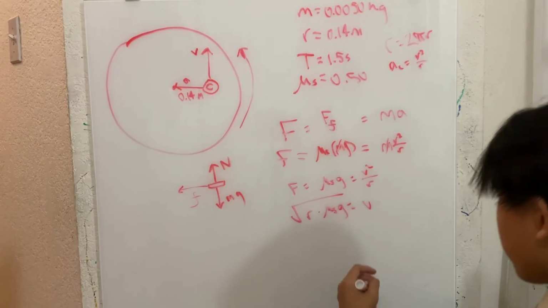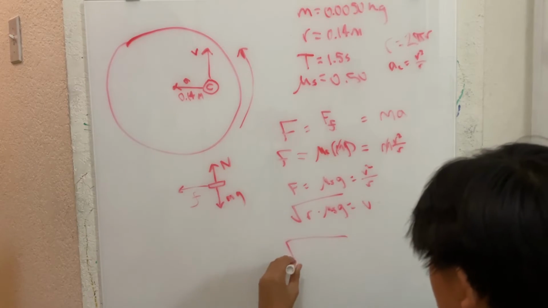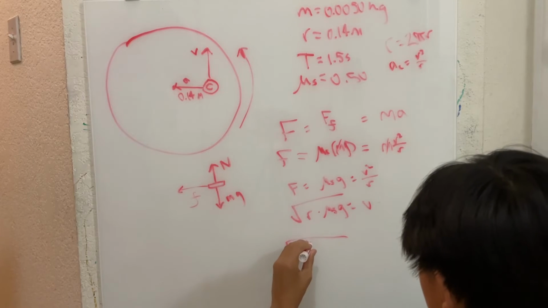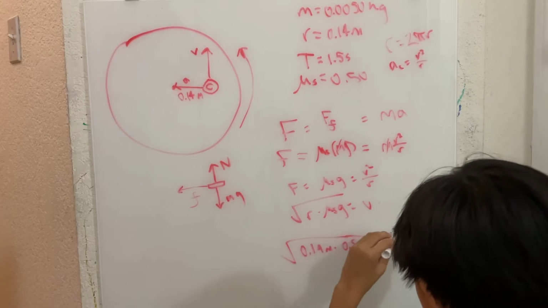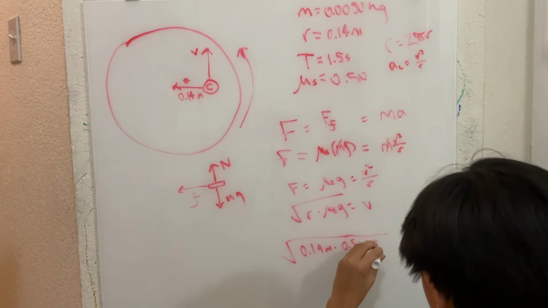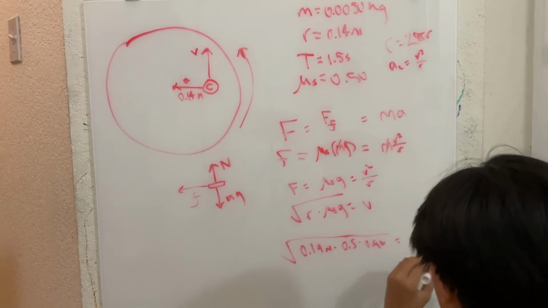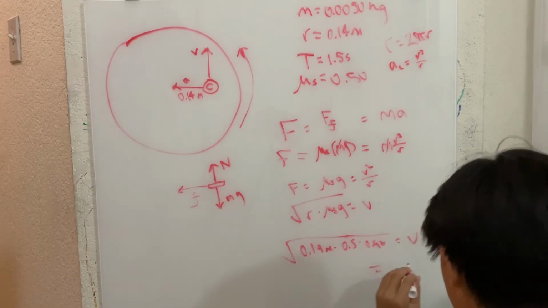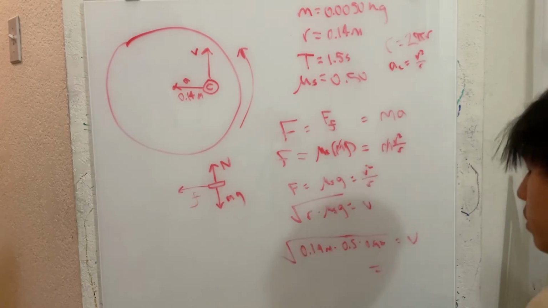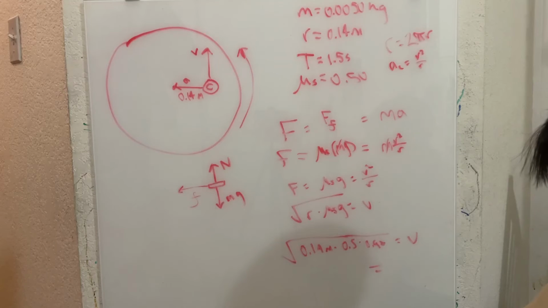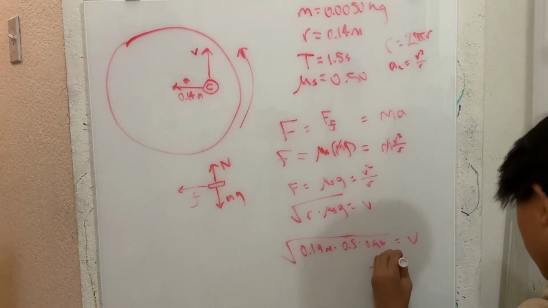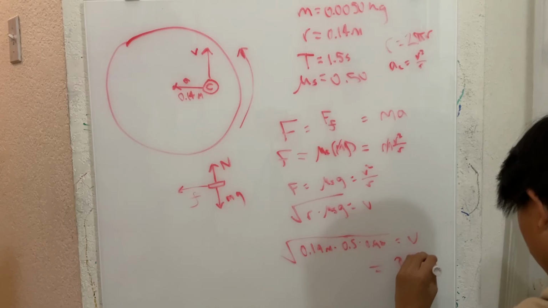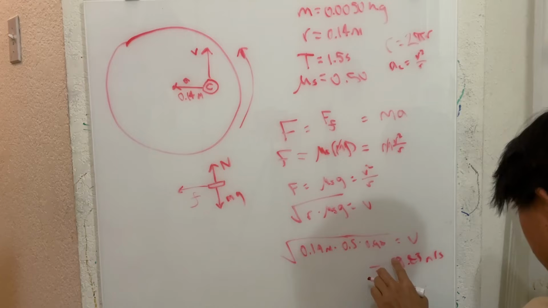And now we have all the known values that we need, so we can do 0.14 times 0.5 times g, and that number is 0.83 meters per second.